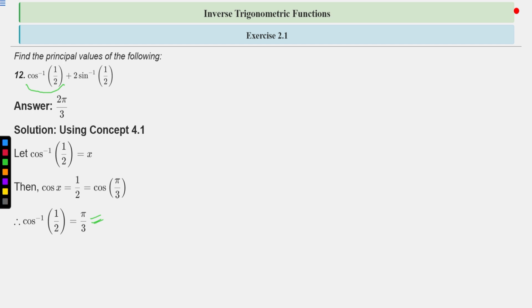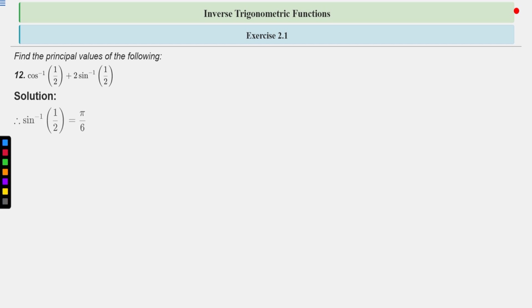Let us find the value of 2 sin inverse 1 by 2. You can take sin inverse 1 by 2 as y. Therefore, sin y will be 1 by 2, and 1 by 2 can be written as sin pi by 6, right? Clear? So sin inverse 1 by 2 can be written as pi by 6.